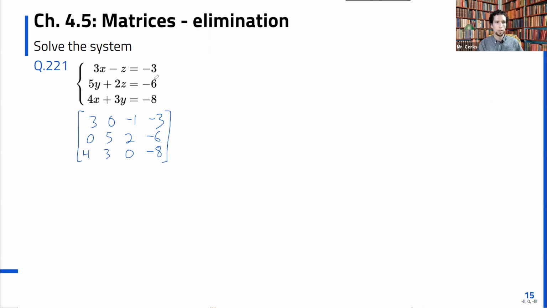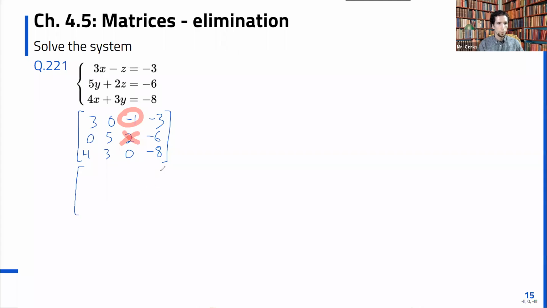It just looks like a different order. So we're going to eliminate everything else we find in this column. We have a 0 at the bottom, which is great. We don't have to do any work there, but we do need to eliminate the 2. So we'll make that our first goal here.